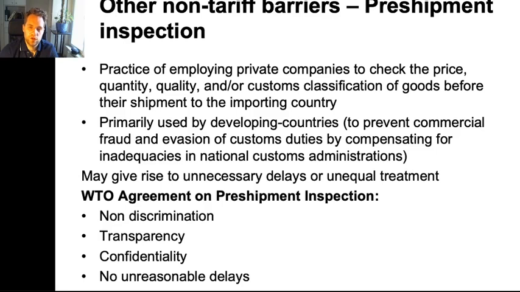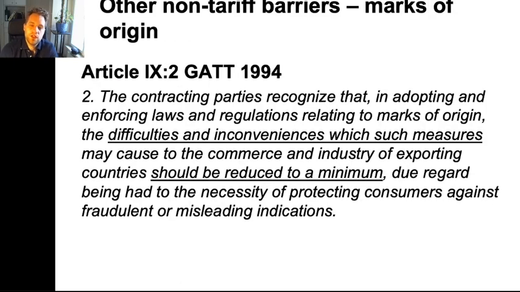And also transparency, as we've discussed already extensively, is a key principle in international trade law in general, and when it comes to quantitative restrictions in particular. What is also regulated are so-called marks of origin.